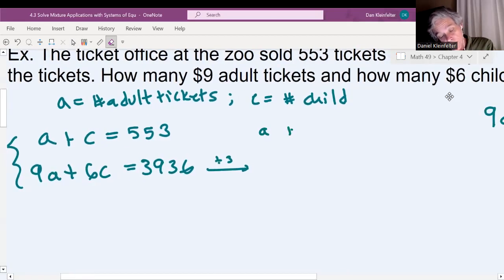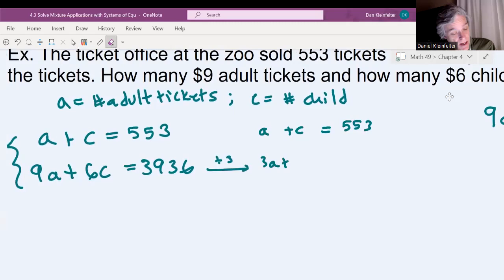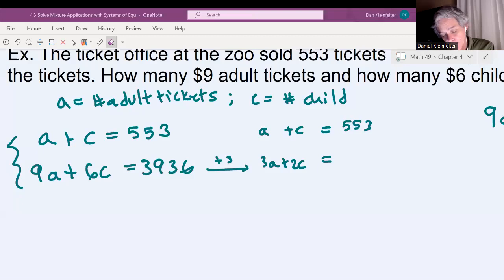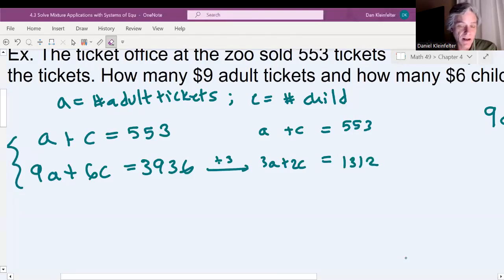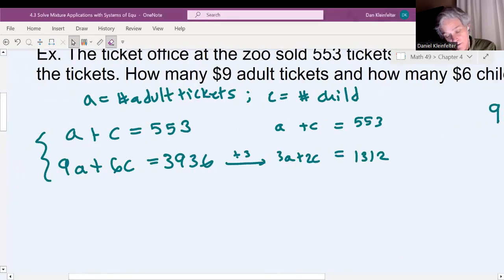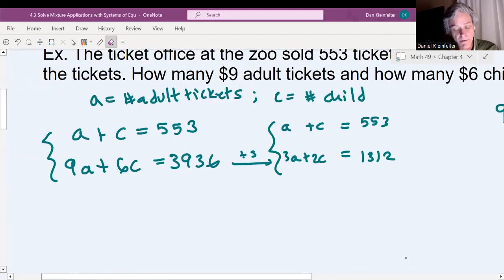We'll keep the first equation the same, but we're going to divide the second equation by 3. So the first one, let me recopy it. A plus C is 553. Then we'll have 3A plus 2C, and then that will be 1312. I divided 3,936 by 3, getting 1312. So now we want to solve this system with the simpler numbers.